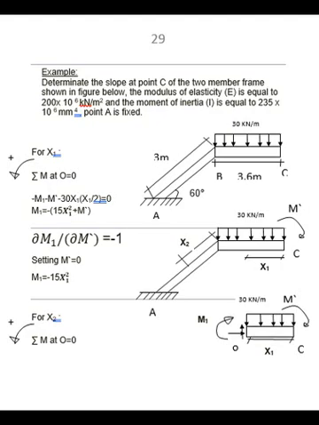This will equal 0. Then we can find M1. We will take the partial derivative of M1 with respect to M dash, and it will be minus 1. Now as before, we set M dash equal to 0. We will find M1 equal to minus 15 x1 to the power 2.